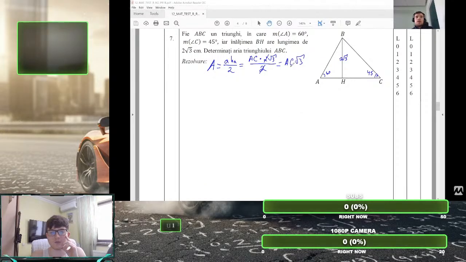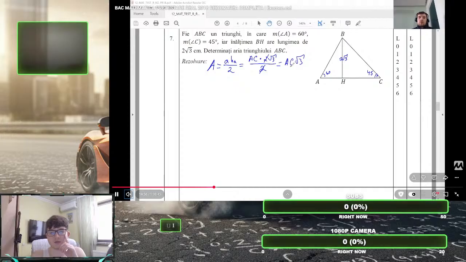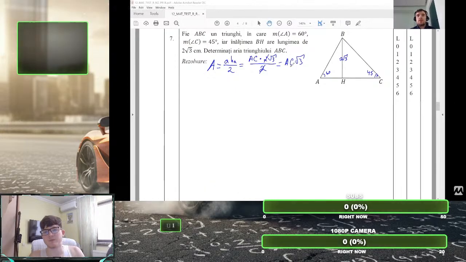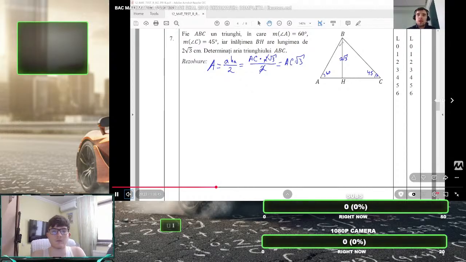The line at the bottom. Well, for this, we need to understand what is AH and HC, so pretty much we add them up and we got AC. And that is done with the 30 degree stuff and Pythagorean theorem.